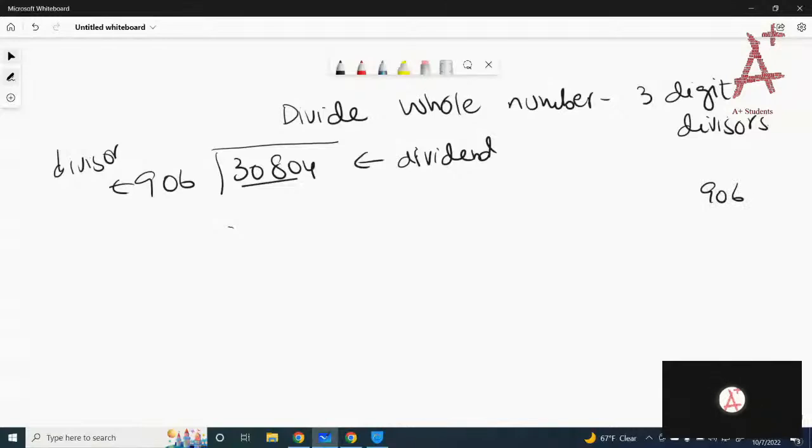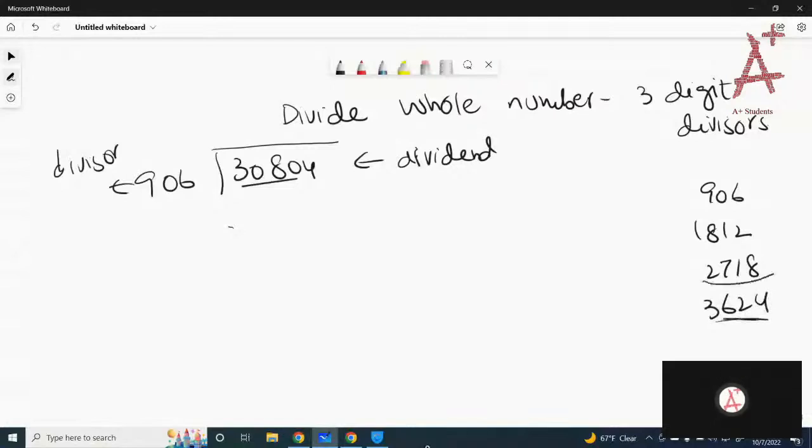If you are allowed to, you can use it. If you are not allowed, you can do multiplications. Right? 906 times 2 is 1812 and 906 times 3 is 2718. And let's check 906 times 4. It is 3624.